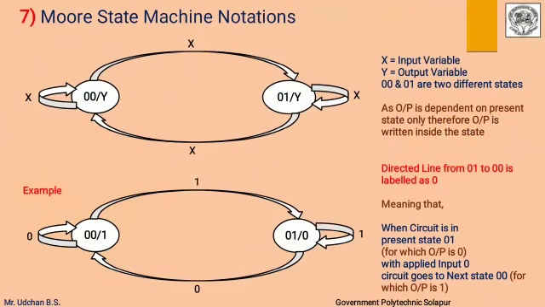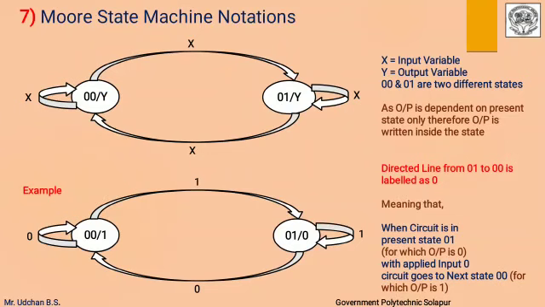Similarly, here the Moore state machine notations are given. The only difference is the output is shown inside the state, as the output of a Moore machine is dependent only on the present state.